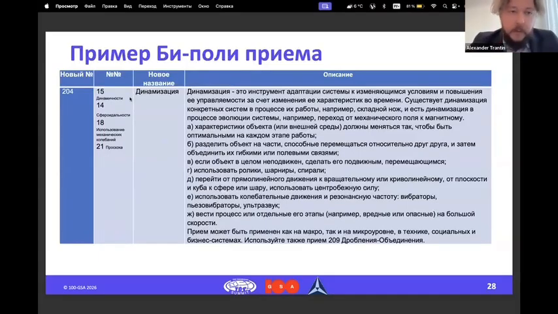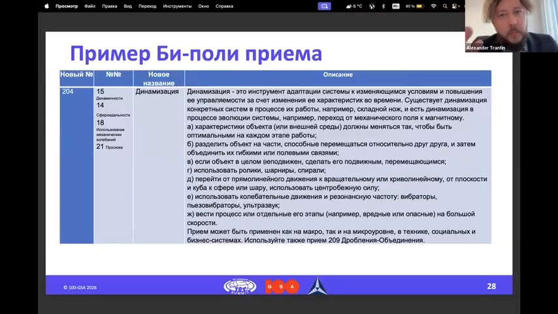Now, let us have a look at one of the examples, 204. It includes classical principles 15, 14, 18, and 21. Then we gave it a name, dynamization, and we prepared a description. It's not just a composition of different texts from other principles.